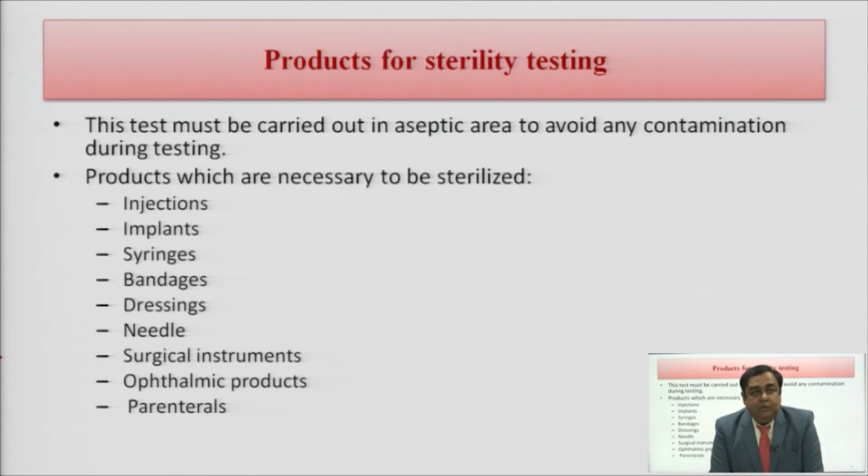One is injections, two implants, three syringes, bandages, dressings, needles, surgical instruments, ophthalmic products and parenterals. Before you send these products into the market, we need to be sure that the product is sterile. And in order to ensure that the product is sterile, you have to carry out what we are calling sterility testing or test for sterility.